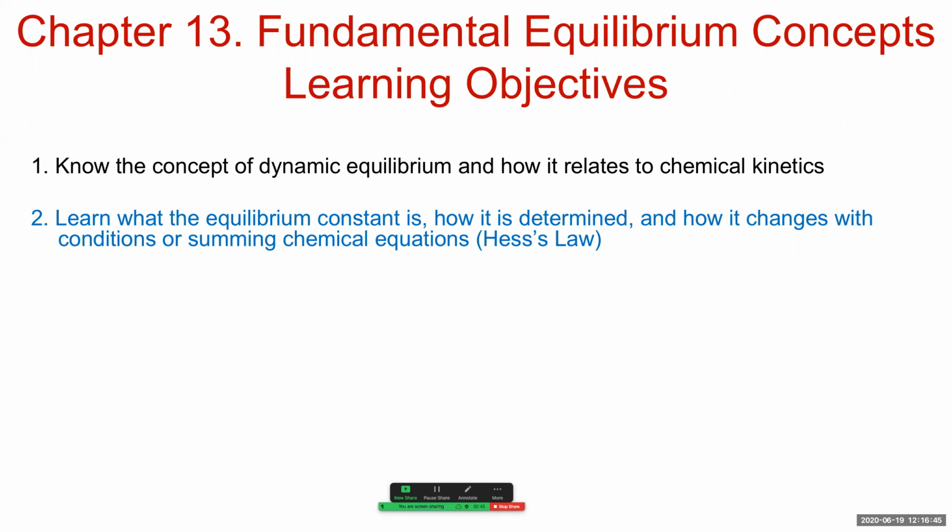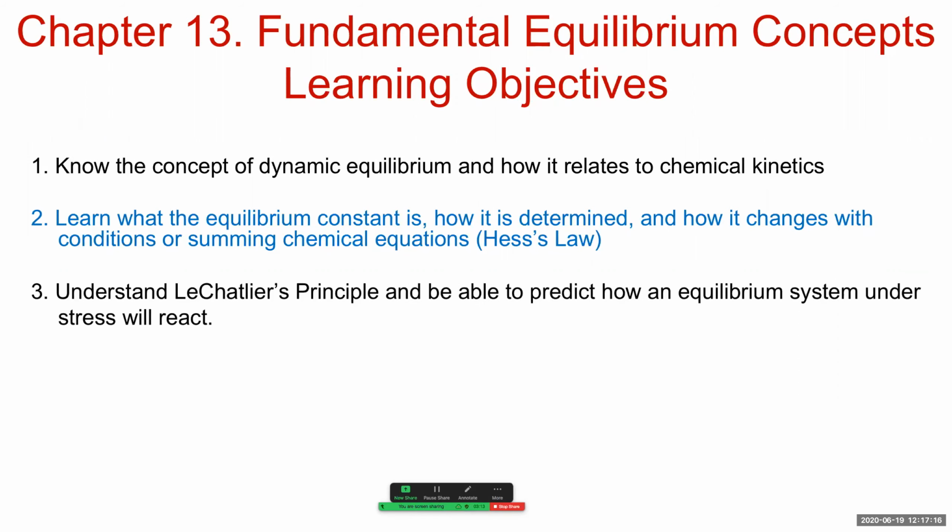A few of the learning objectives for chapter 13 are to understand the concept of dynamic equilibrium and how it relates to chemical kinetics. We'll be referring back to chapter 12. This first objective we'll cover in this lecture today on chapter 13.1. Also, we learn what equilibrium constants are, how to write them, and how to use them in calculations.